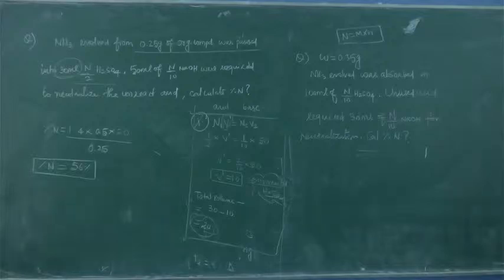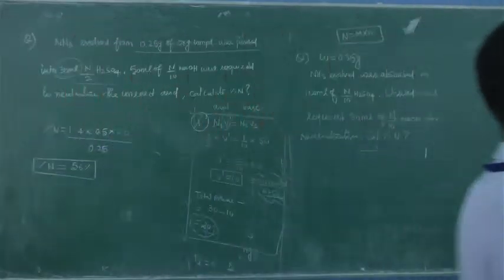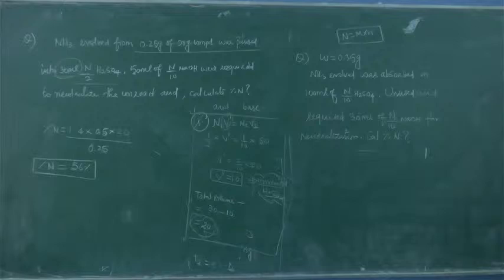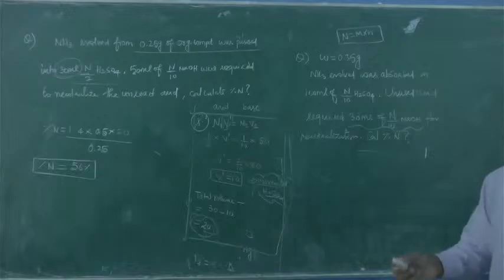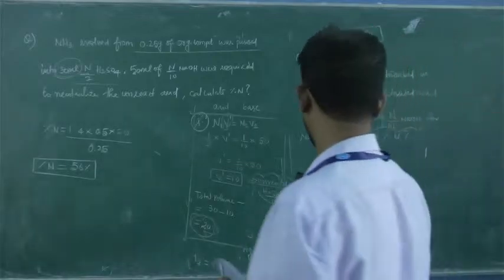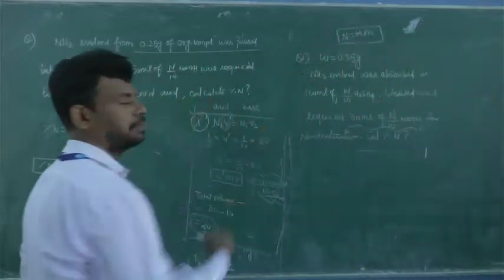So you check whether base information is given or not. You write the formula. Yes, base information is given. Okay. Is it clear? You have to go for this method.